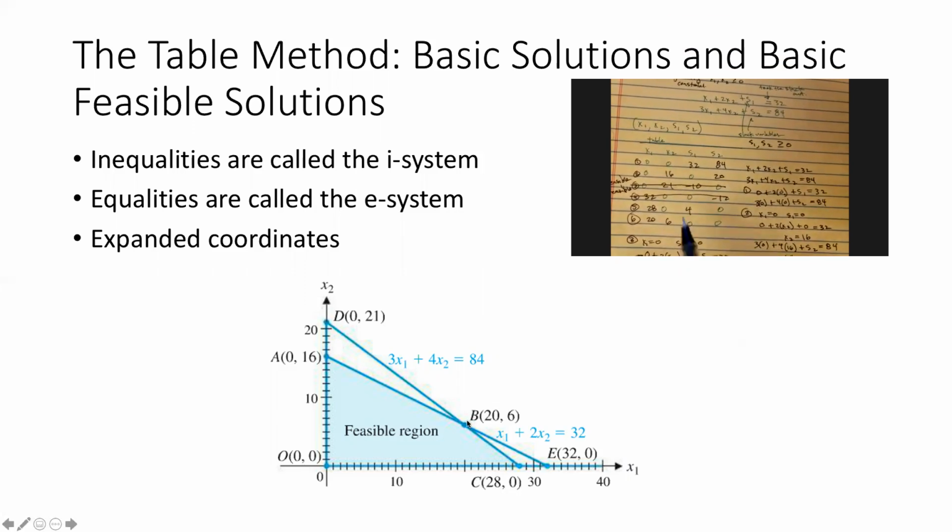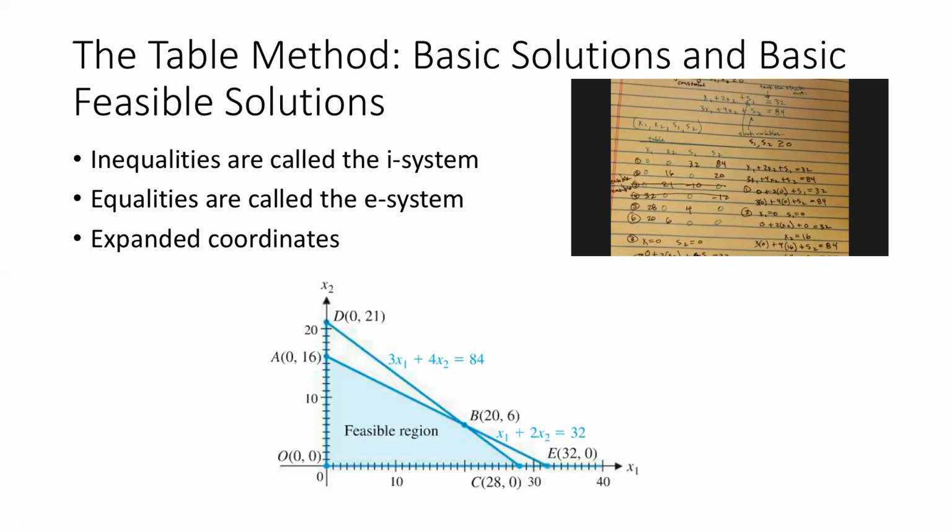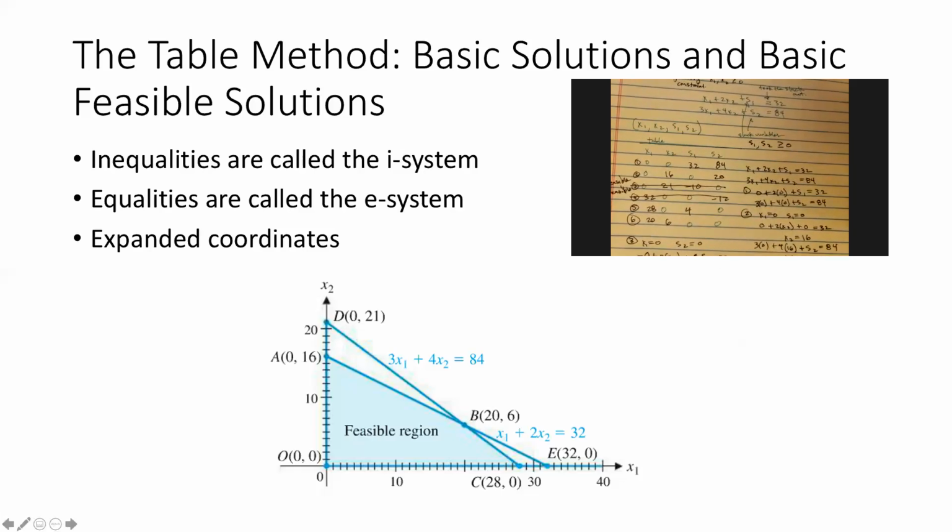Now the next one that we have is the point 0 and 21, which I crossed out already because I said it's infeasible. It's not in the feasible region. If you look at our graph, you'll see that point D is 0, 21. You'll notice that it is not in the feasible region, hence why it's considered infeasible. And that's why the slack variable is negative, to try to bring that down to the feasible area, but it doesn't work that way. You can't do that, all right? And then if you look at the point 32 and 0, that's point E, which is also infeasible.